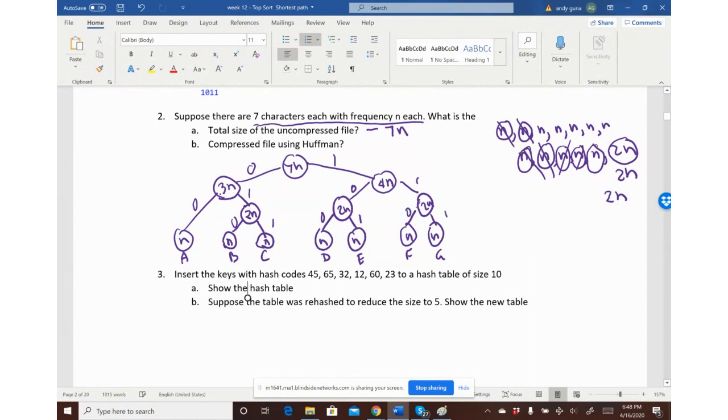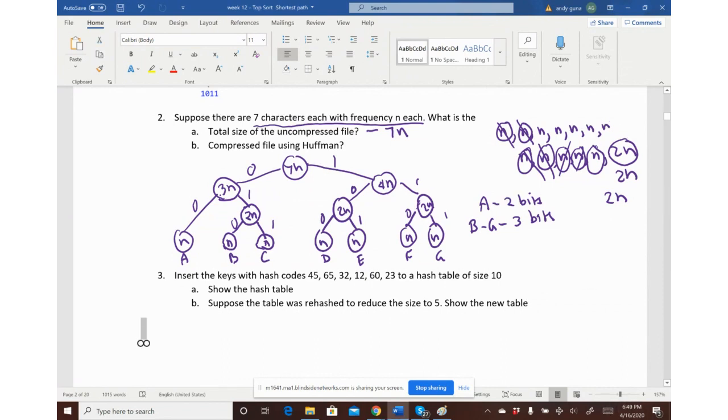Okay. So we have one of them with 1 character. A is going to require 2 bits, right? And all the other ones, I believe, are 3 bits. So B through G are 3 bits each. So the total number in bits we can compute, because there are n of each character.